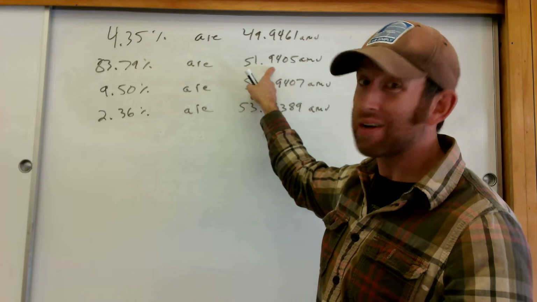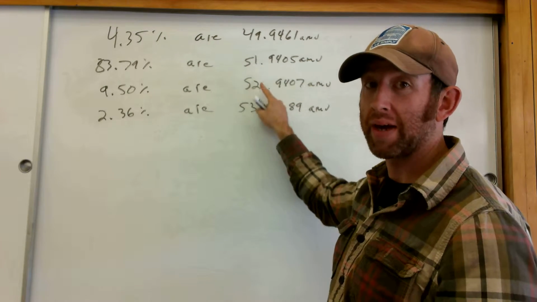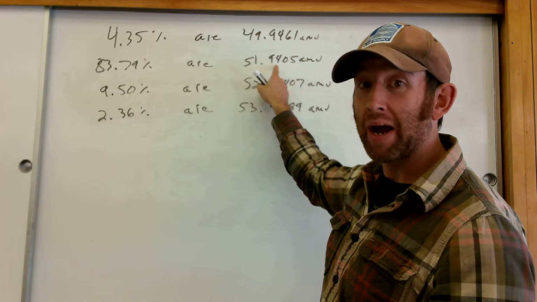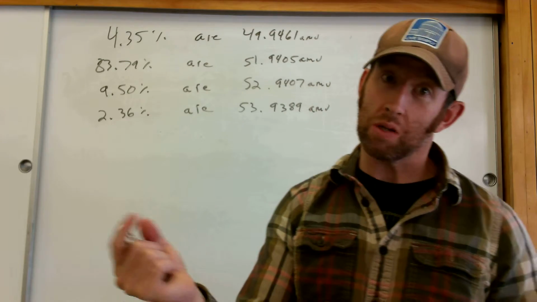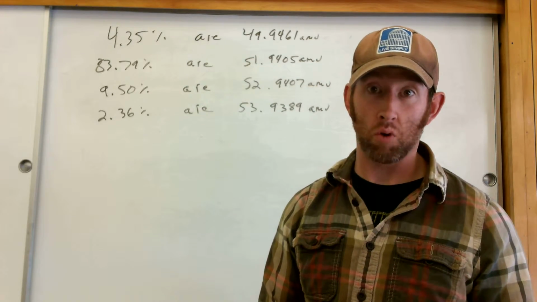Maybe a little higher, actually, probably higher because we have more over here on the high end. So our average should come out close to, but maybe a little higher than that number. That's a quick way to check your work and make sure you didn't get a calculator error that didn't make sense, okay?